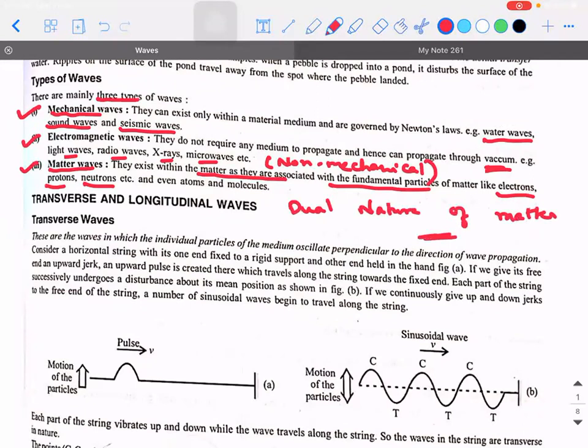So what we mean by dual nature of matter is, you take a matter, it has particle nature and wave nature associated with it. You need not worry much about it. We will discuss about this next year. Okay.